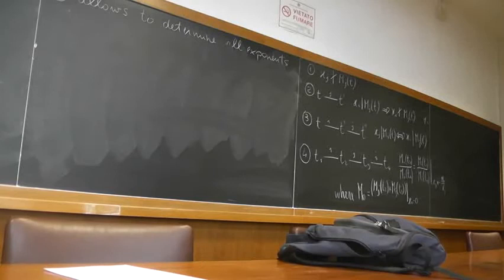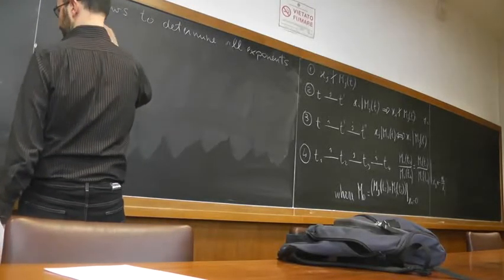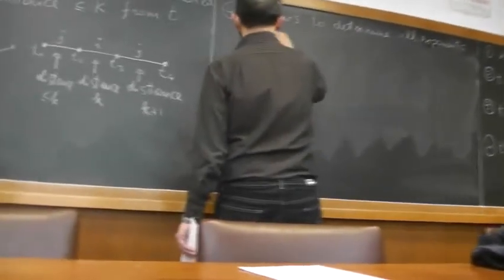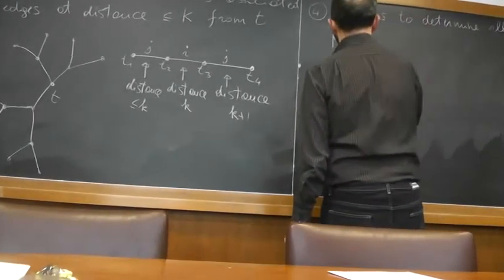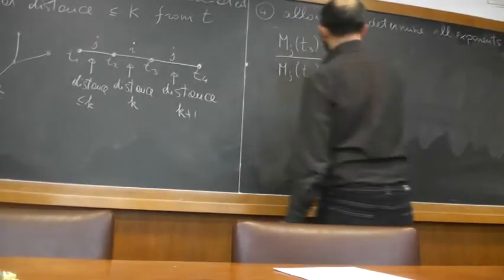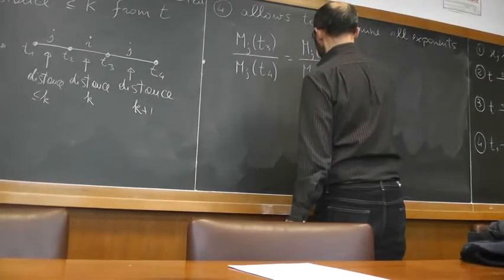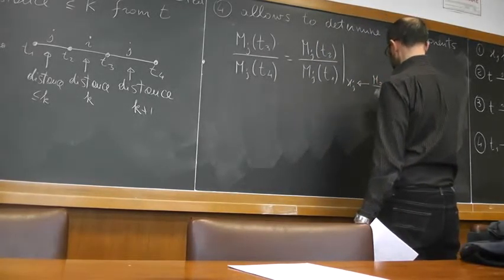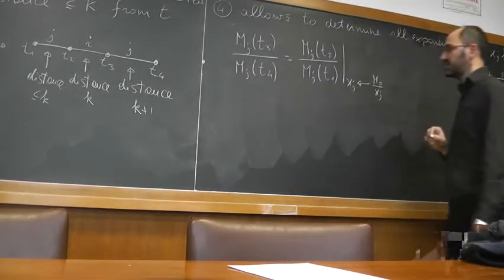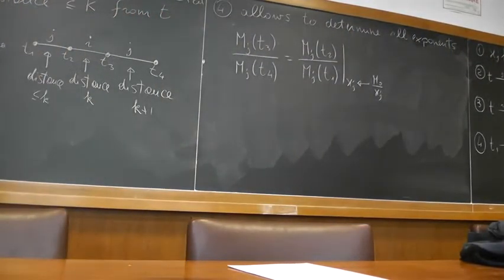We call this T1, T2, T3, T4. And by axiom 4 we have that M_{j,T3} and M_{j,T4} is equal to M_{j,T2} and M_{j,T1} with this substitution, M0 over xj, where M0 is the sum of the monomials associated to this edge.